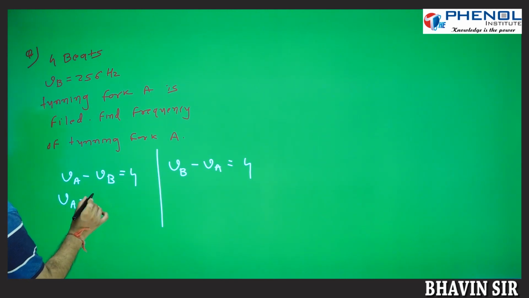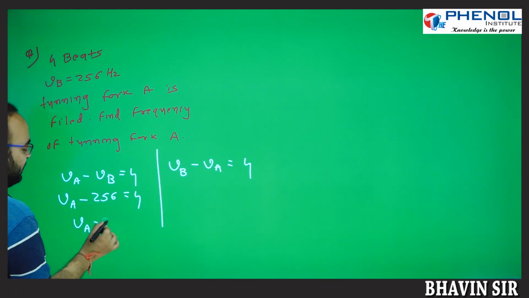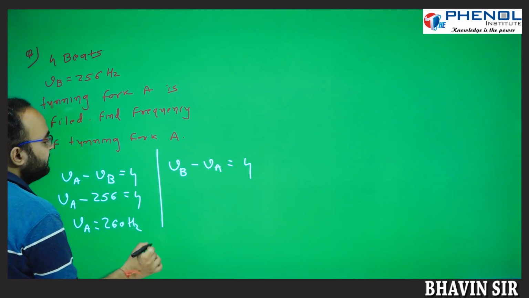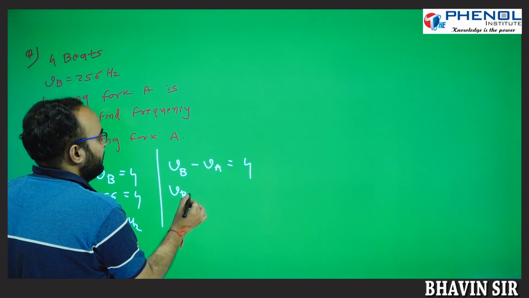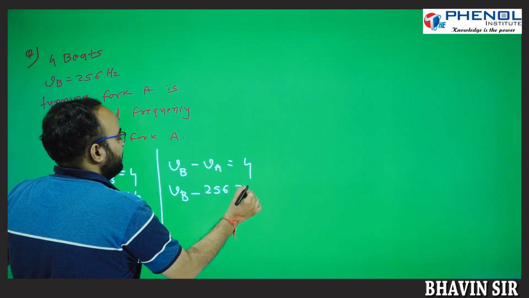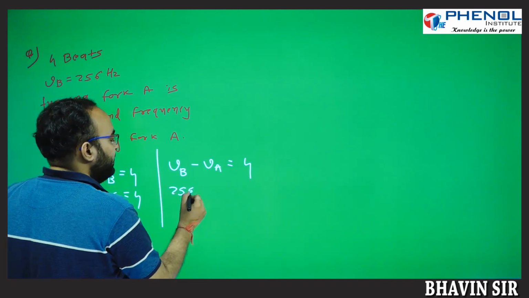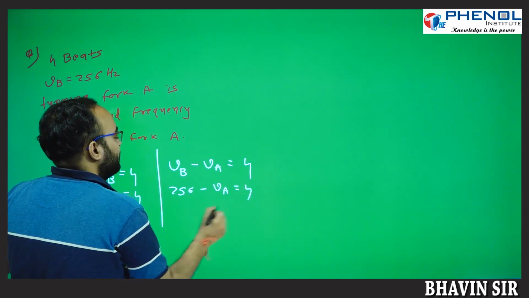What is nu B? 256. So what is the answer? 260 hertz. Sorry, what is the frequency of tuning fork B? 256. So what is the answer?